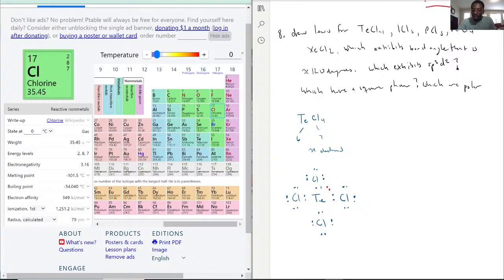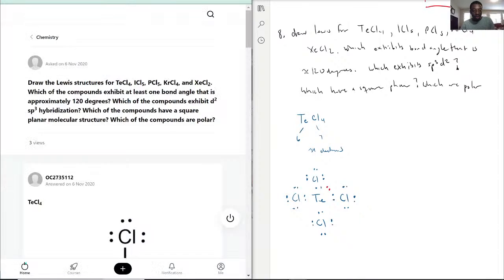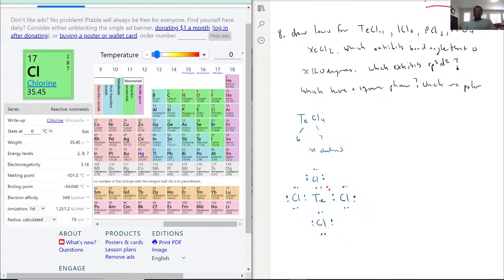And we have, I hope I wrote this right, ICl5. Is it ICl5 or ICl3? ICl5, okay. That's what we have for tellurium. ICl5: chlorine still offers 7, and iodine actually offers 7, so we need to account for 35 electrons.